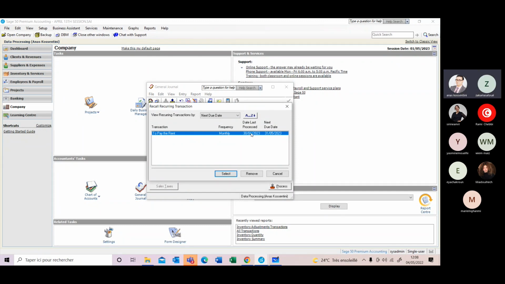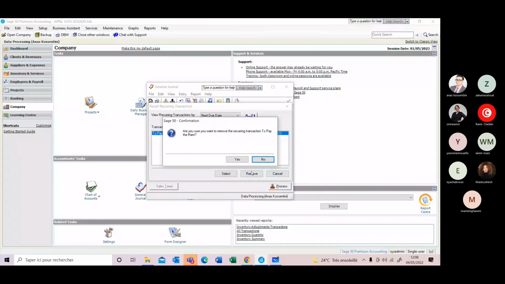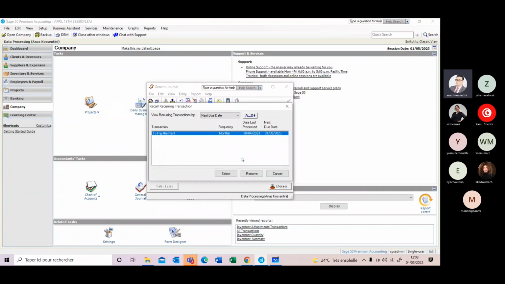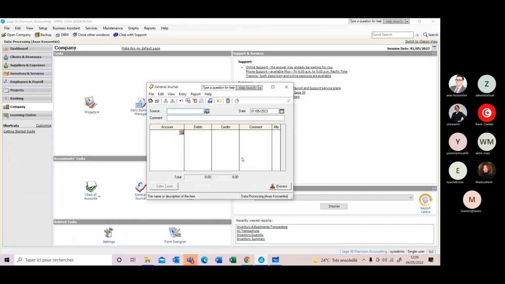You can select this and remove it. You see, are you sure you want to remove this recurrent transaction? Say yes, and it will no longer appear. Yes, clear.